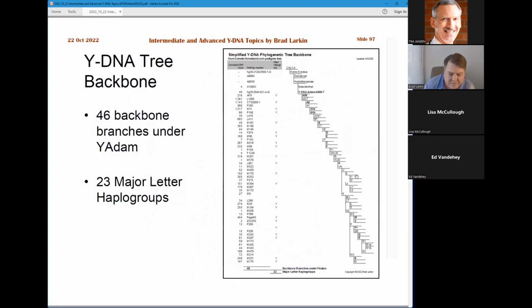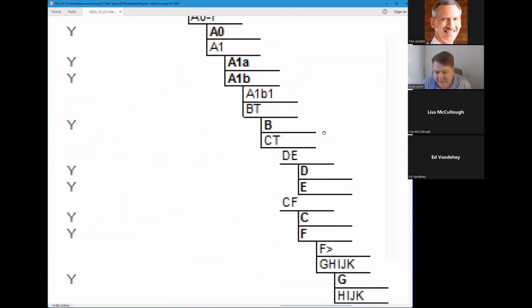The tree backbone, when they were first grouping and typing people into clusters, they couldn't know exactly who was the most ancient. So they started trying to make it kind of alphabetical sequence, A and then B. Let's zoom in here.